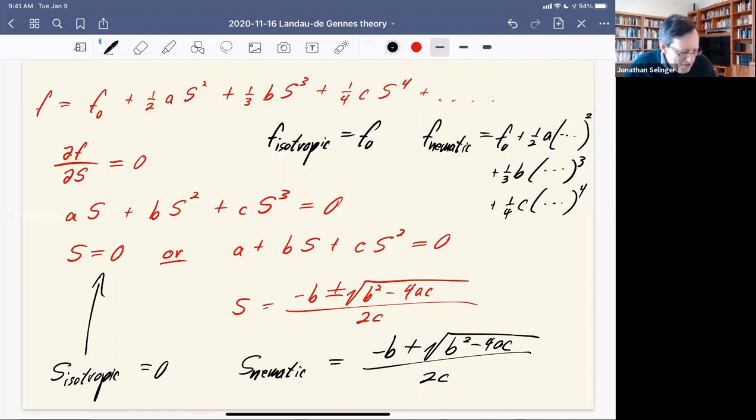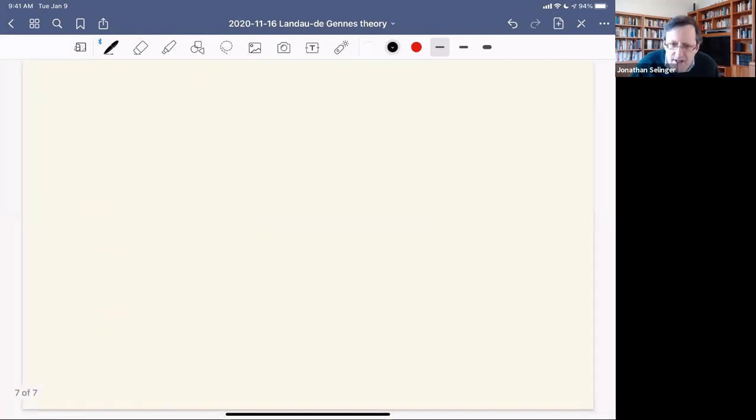I don't really want to do that, but I could put it on your final exam or something like that. So yes, this works, right? And it will give you some complicated expression for the free energy of the nematic phase in terms of A, B, and C.